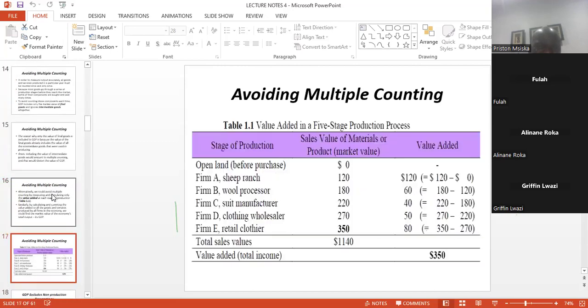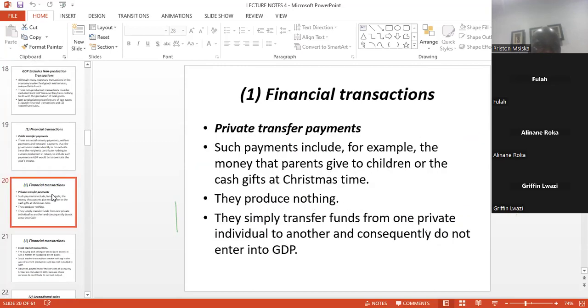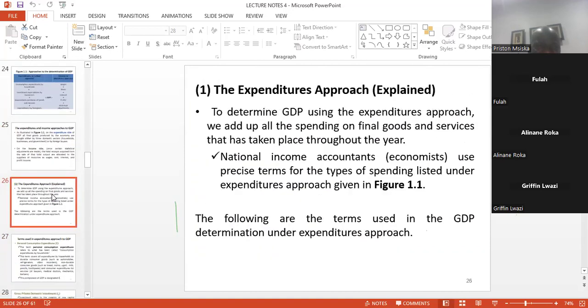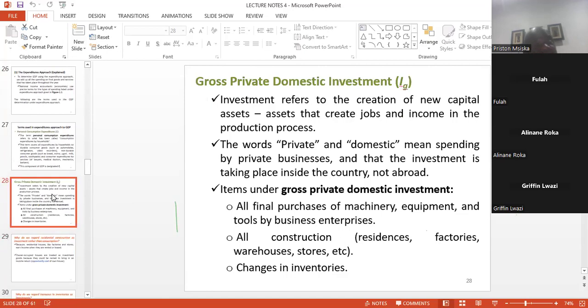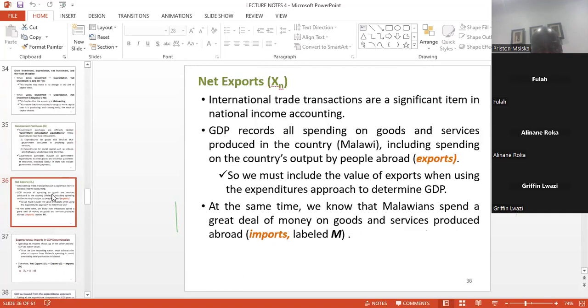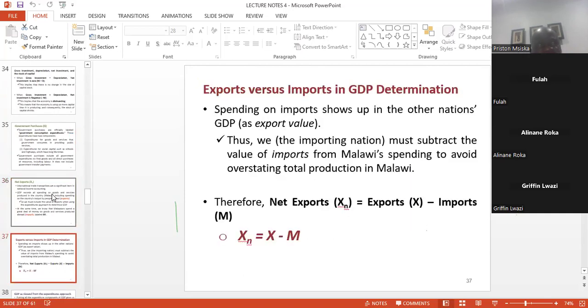In an economy, you will not always have good times. We have situations where we have different business cycles. So let's talk about business cycles for a moment. But maybe before I do that, is there any question?